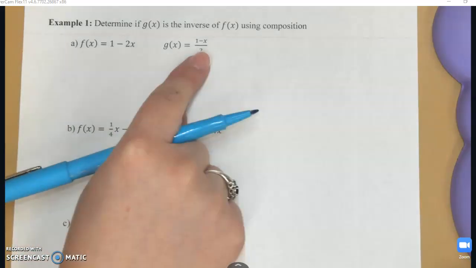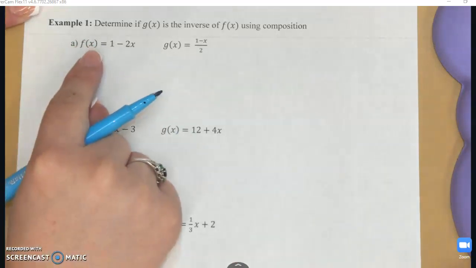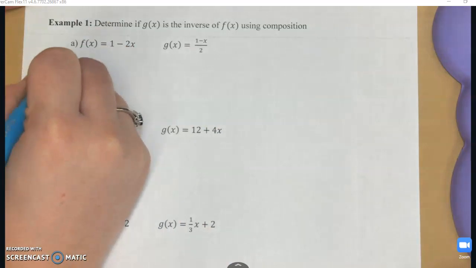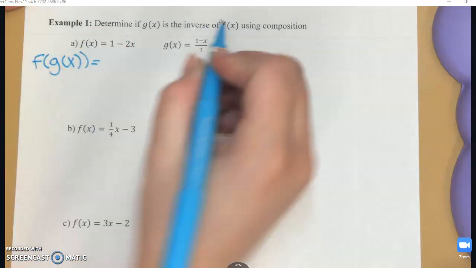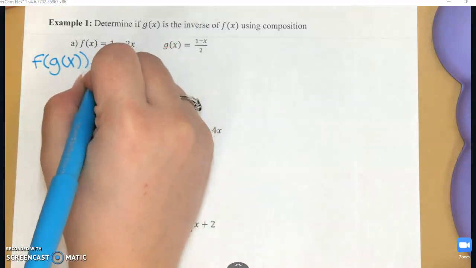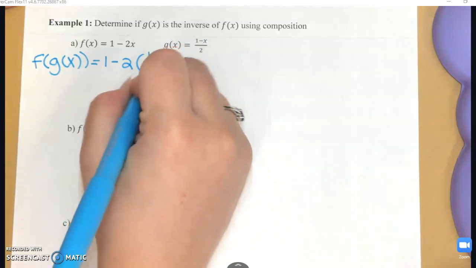On A, I've got two functions, and I'm going to use composition to say if they're inverses of each other. The first thing I'm going to do is plug g into f, so I'm looking for the composition f of g. I'm going to take my entire function g and substitute it in place of x. So 1 minus 2 times (1 minus x over 2).